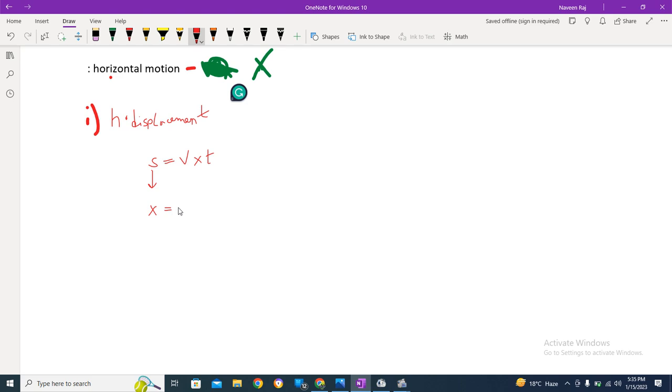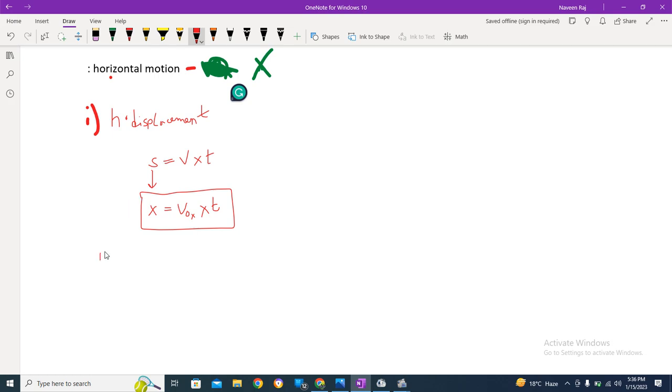That is v naught x, as we discussed in our previous video. So x is equal to v naught x into t. That is the formula for horizontal displacement of the projectile motion.